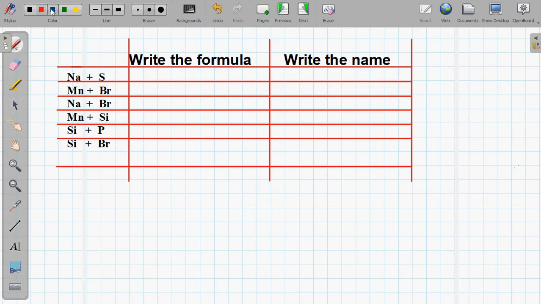All right. So, first thing you need to remember is that if it's a metal and a non-metal, then it's an ionic bond, and you need to follow the rules for ionic compounds.